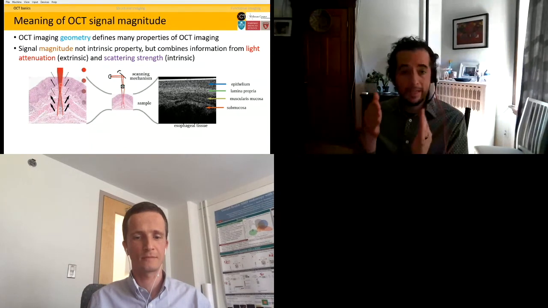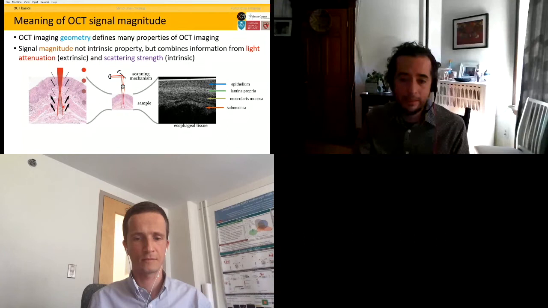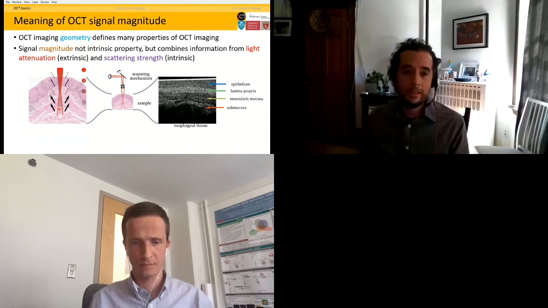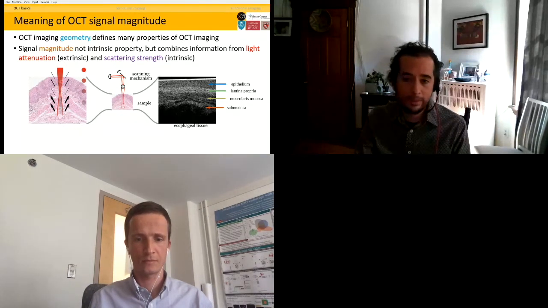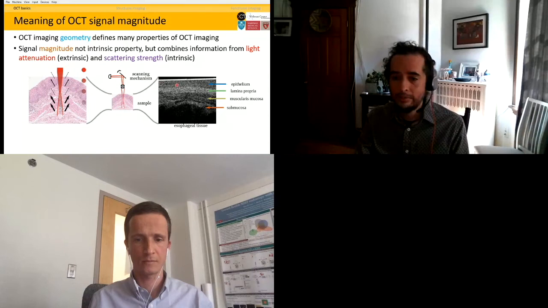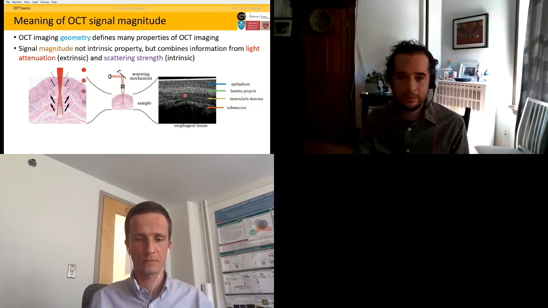Essentially, the amount of light that reaches different depths decreases exponentially. That means that the light that reaches the deeper regions that we're able to image is orders of magnitude lower than the light that reaches the top layers. So we need to adjust the way in which we interpret these images to take this into account.